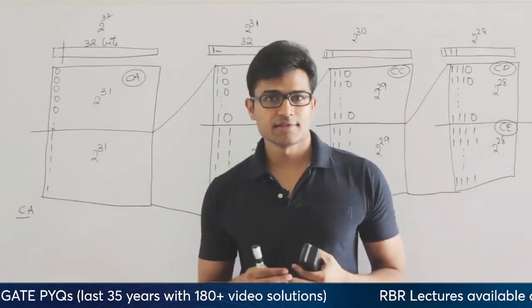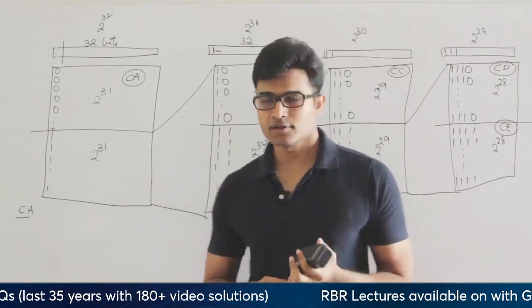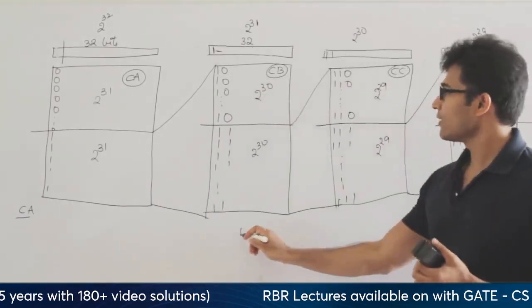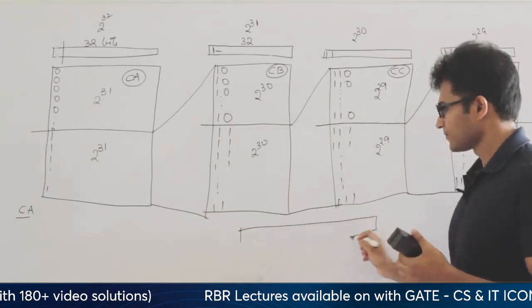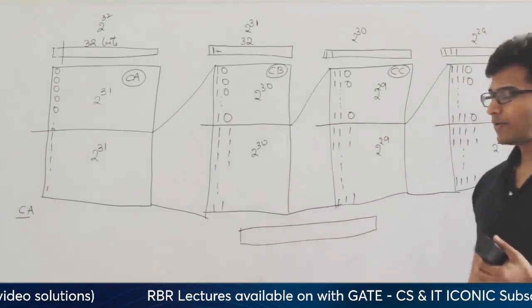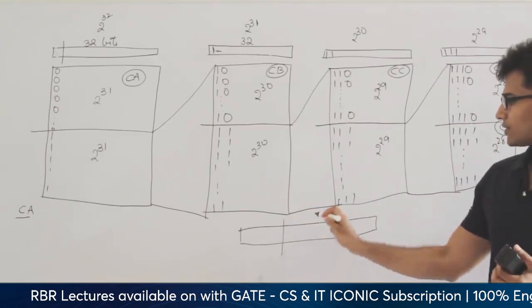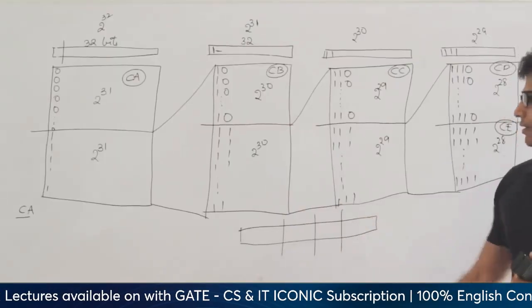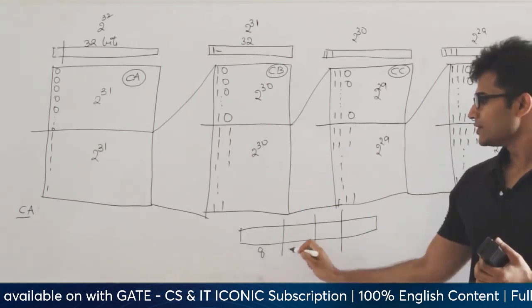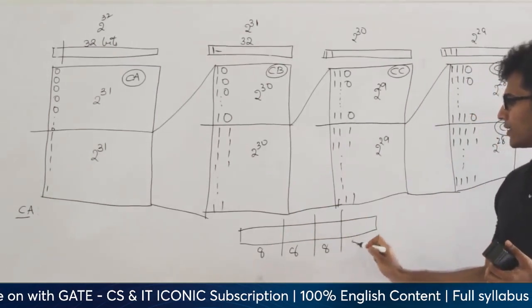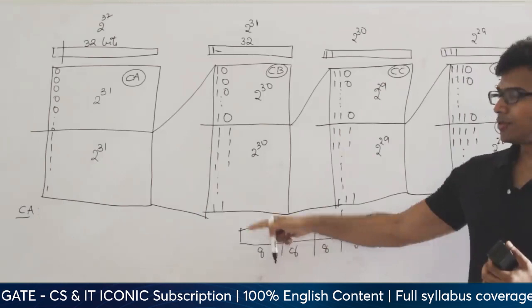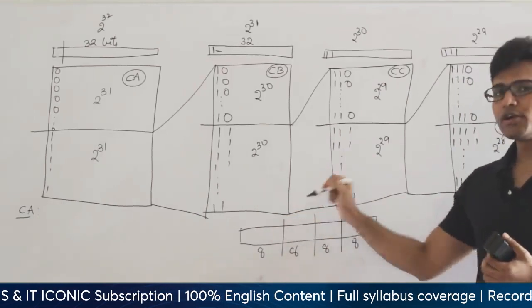And the third way is to divide the entire IP address of 32 bits into 4 parts of 8 bits each, 8 8 8 8, convert each of these 8 bits into a decimal number, and then put a dot in between.